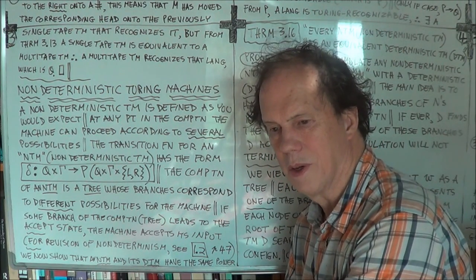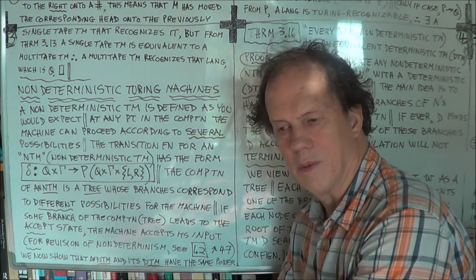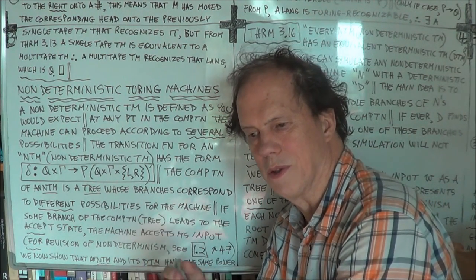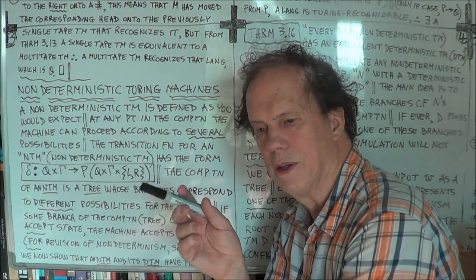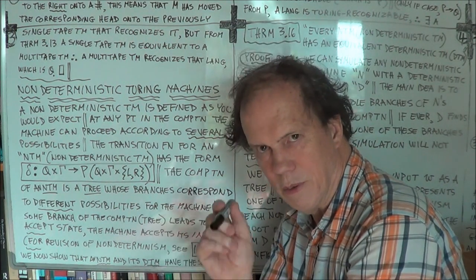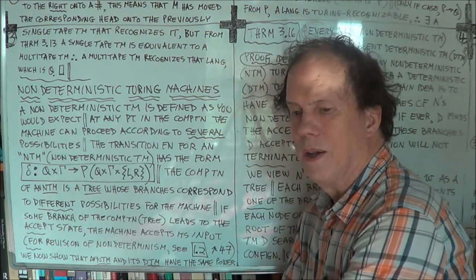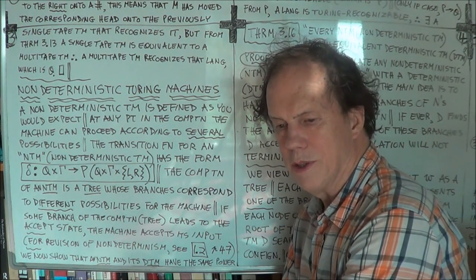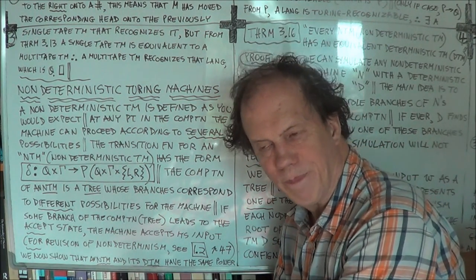You know, what its state is, and what's the current string symbol input. Now, when you have non-determinism, you get a split. So you get a branching.